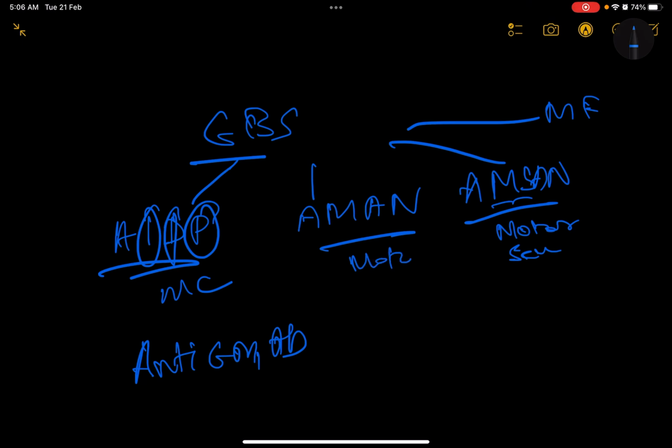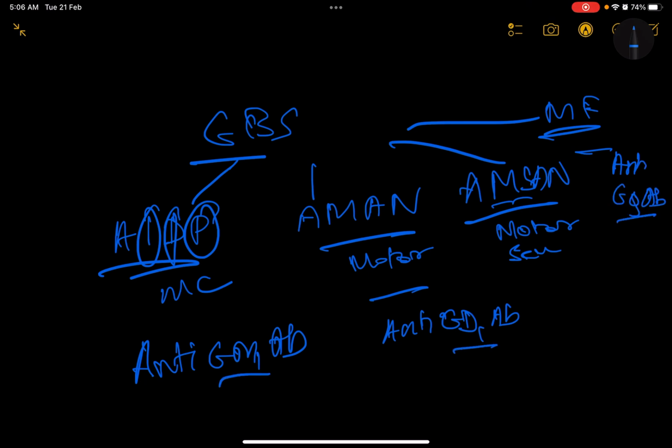This is just motor neuropathy. And then we have the Miller-Fisher syndrome. It's not that very important, but just for the sake of covering everything, this is your anti-GD1 antibody. And this is your anti-GQ antibody. So GQ, GD1, GM1.